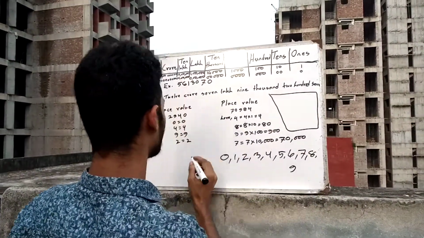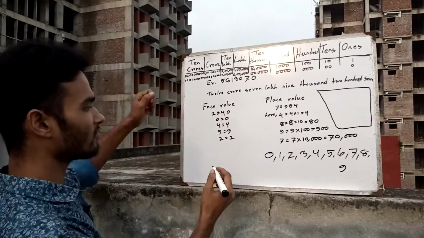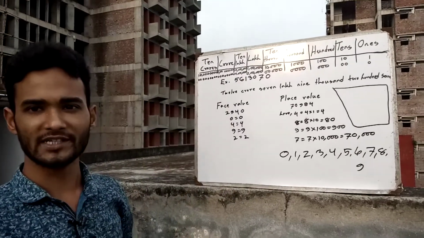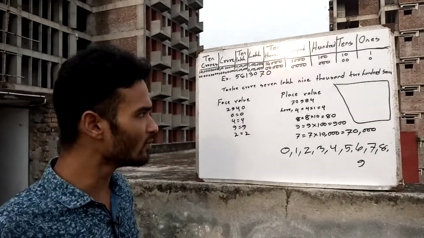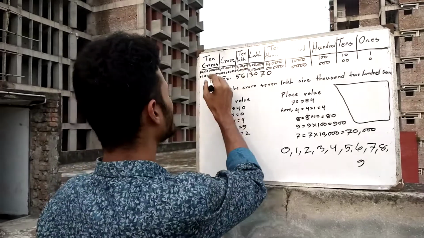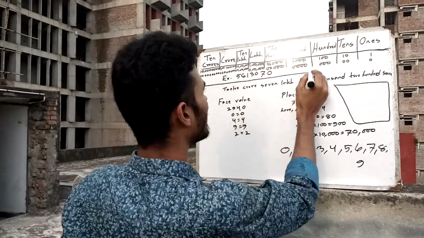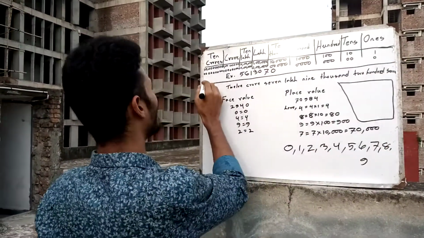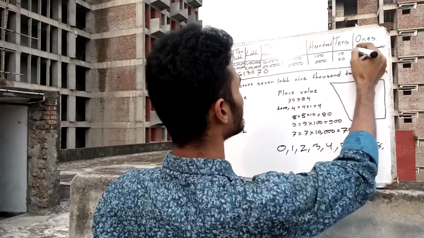A number consists of a group of digits, called numerals, and here is a place value chart of numerals.